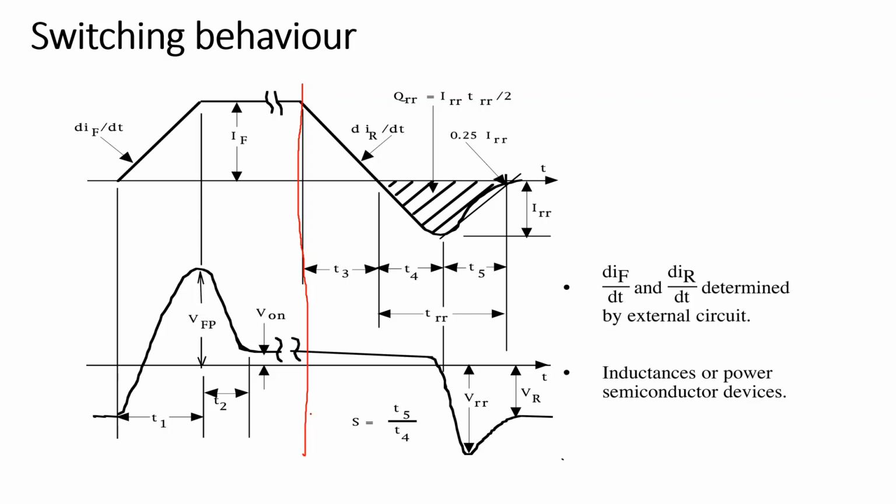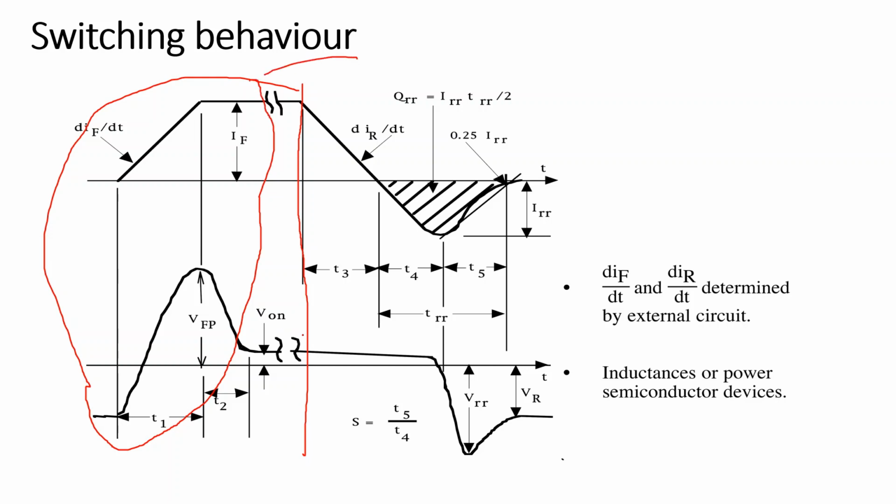Up to here we had switch on behavior, and then this behavior was not the transient, this was when the diode is working in the on state, and then this region is the turn off behavior, how the diode behaves when we turn off the diode.